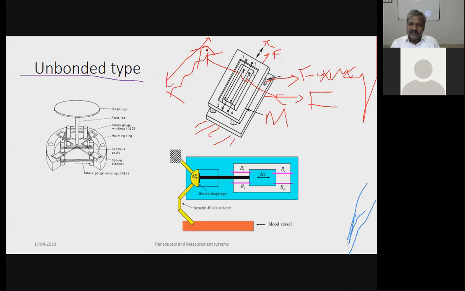So since increasing length, the resistance also increases, whereas the 2 and 4 buckling, this is called buckling effect. So we have to design this unbonded strain gauges to avoid the buckling effect. We have to design such a way that to avoid buckling effect. Understand?